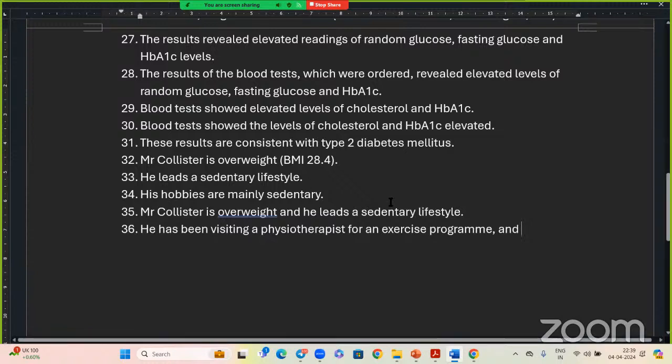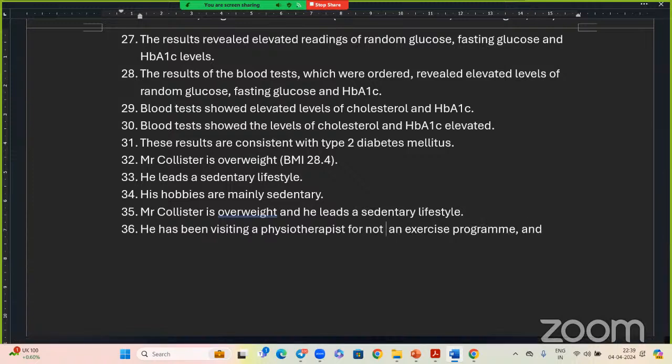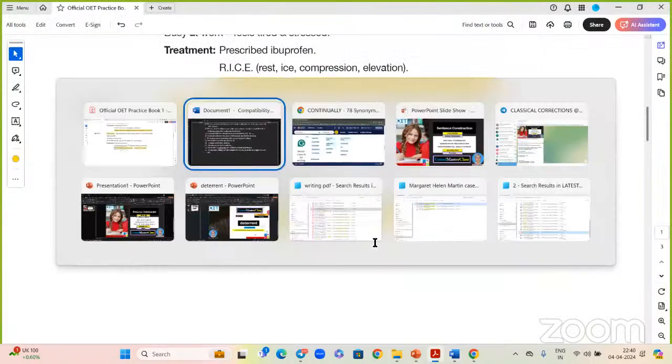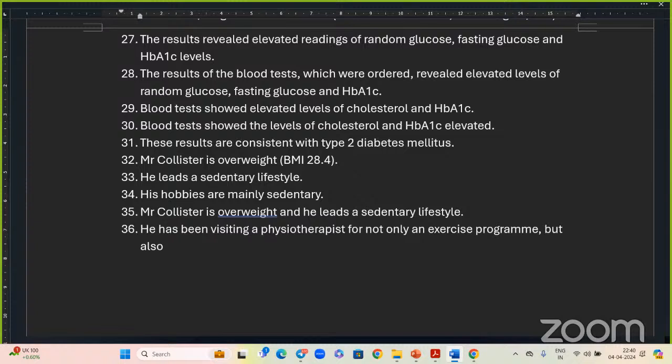So he has been visiting a physiotherapist not only for an exercise program, but also for treatment.